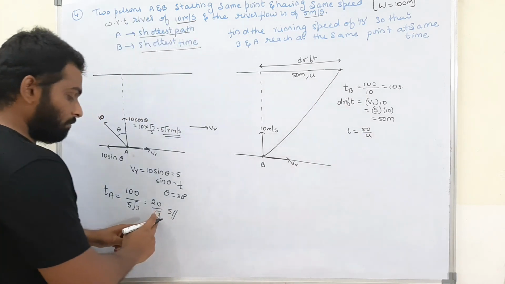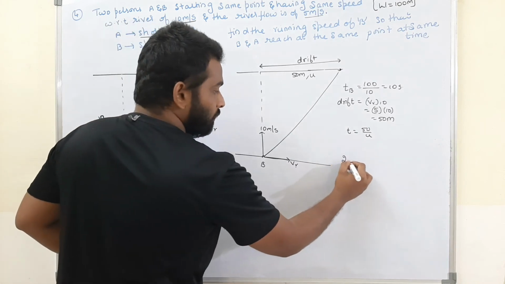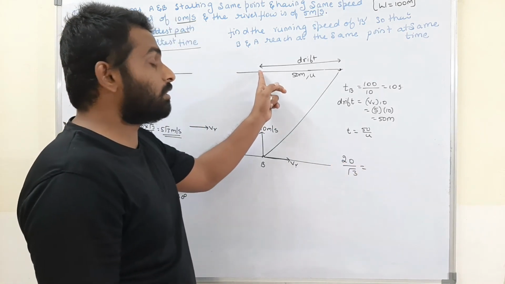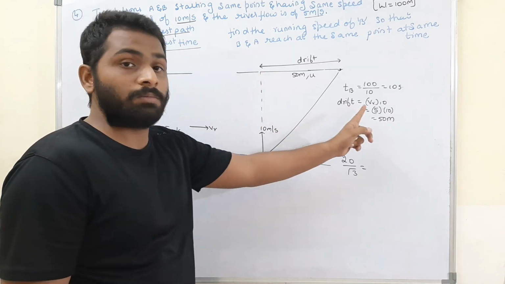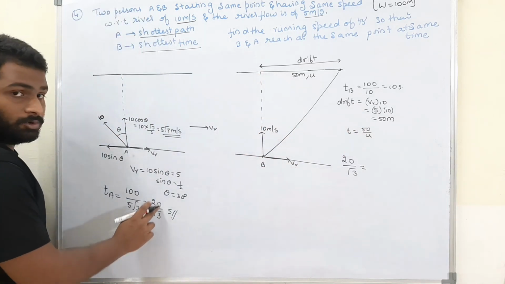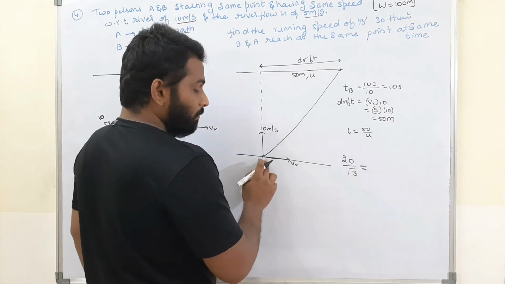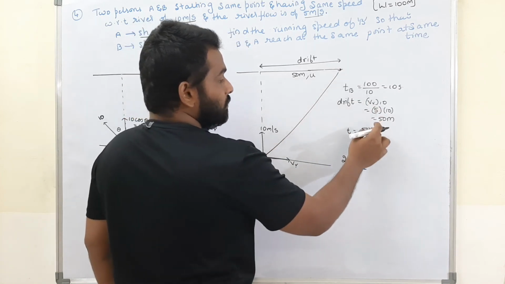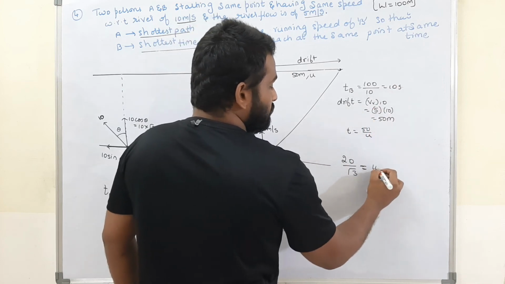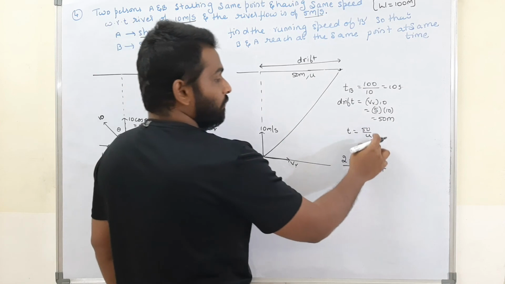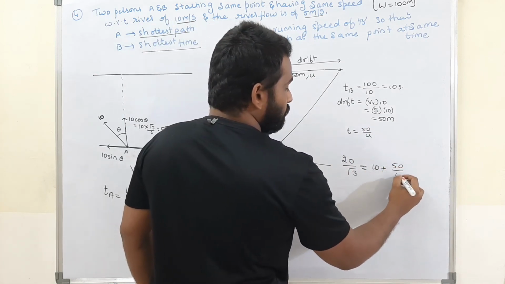Therefore, this time 20 by root 3 must be exactly equal, because both are reaching the same point at the same time. That means the time taken by both is the same. Therefore, 20 by root 3 is exactly equal to the time taken by B to reach from here to there, that is 10 seconds plus the time to reach from here to there, that is 50 by u.